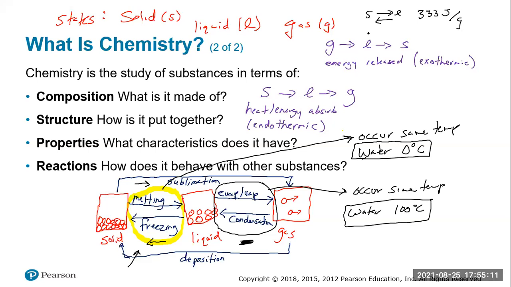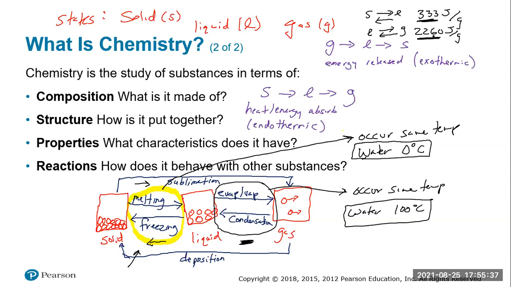To go from liquid to gas or gas back to liquid, it takes something like 2,260 joules per gram. So if you just look at the numbers, you can see it takes an incredible amount more energy to do that transition as we go from liquid to gas, again, because in that transition, we're pretty much breaking everybody apart. And again, you don't need to know those numbers, just an example of it.